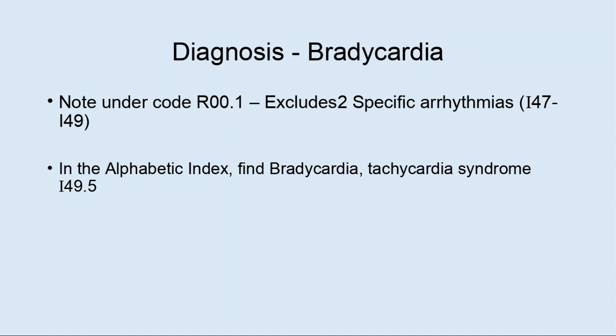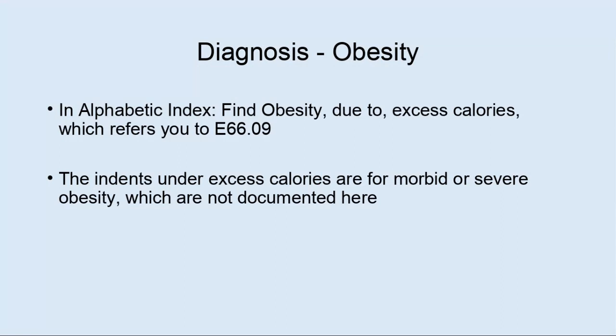So therefore, this means that you code the I49 code and the bradycardia. Remember, the sick sinus syndrome can be bradycardia or tachycardia. So this specifies, in this case, it's bradycardia. So that means we can code both. Okay, so we got that diagnosis.